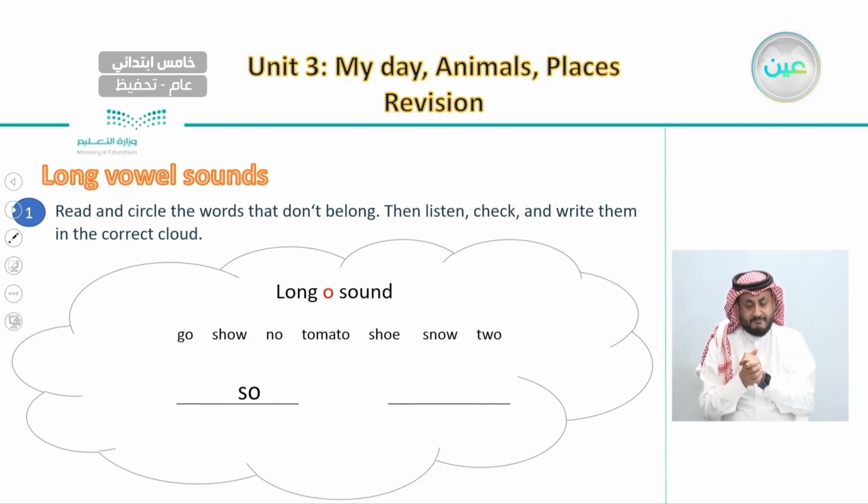Let's start listening to the first one. The first cloud we have is the long O sound. Now let's listen to the words, and we need to circle the words that do not belong to this cloud.